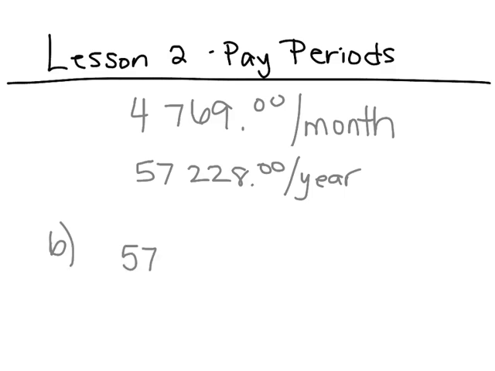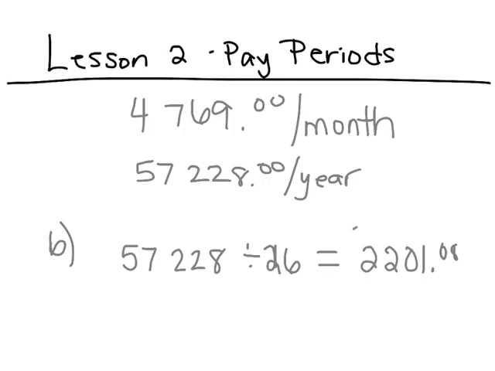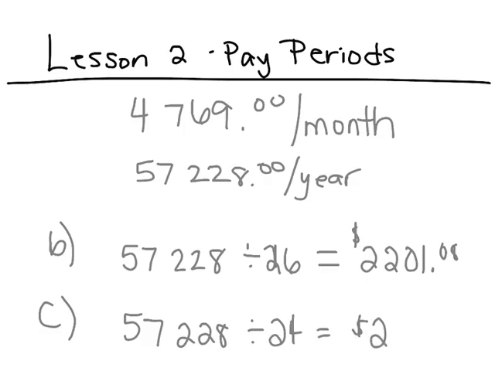So we take the annual salary and we divide it by 26 for bi-weekly, which would be $2,201.08 bi-weekly. For part C, we want to figure out semi-monthly. So we take 57,228 and we divide it by 24, and we get $2,384.50. So those are her semi-monthly and bi-weekly pay.